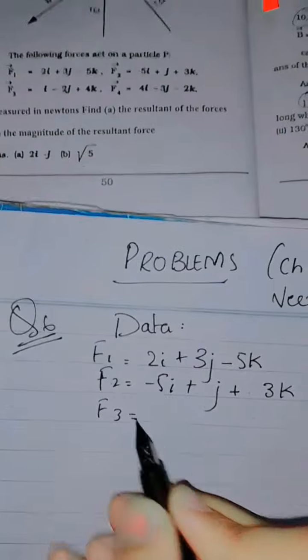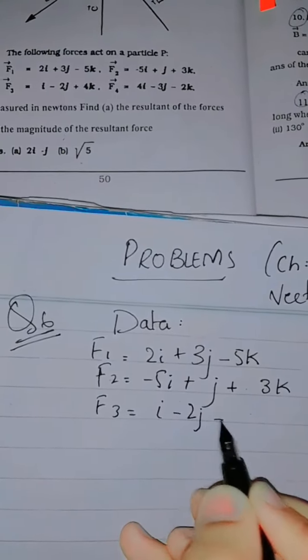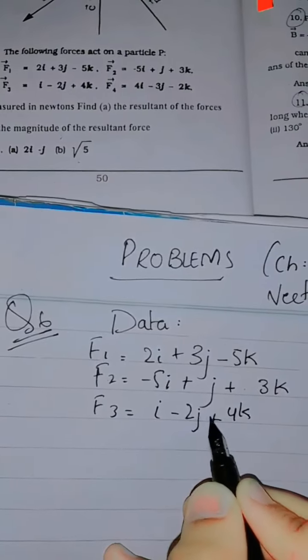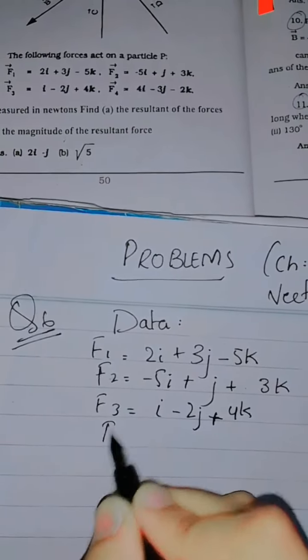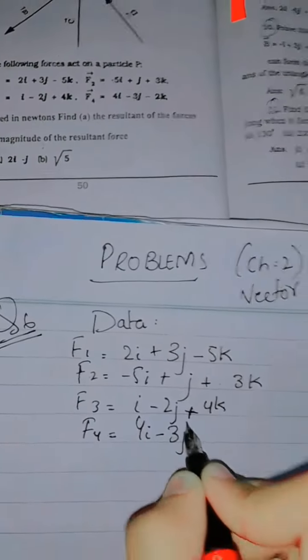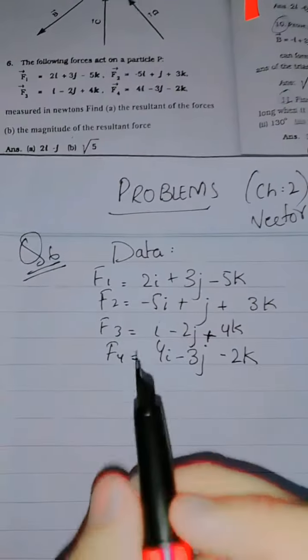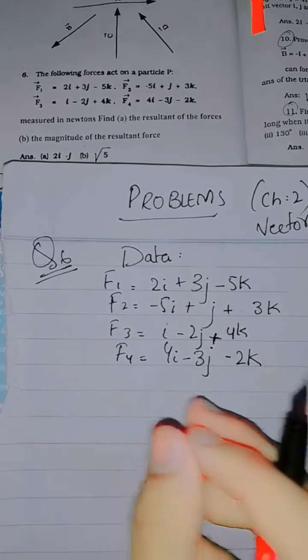F3 we have i minus 2j plus 4k. F4 we have 4i minus 3j minus 2k. So these are the four forces that are acting on the particle.